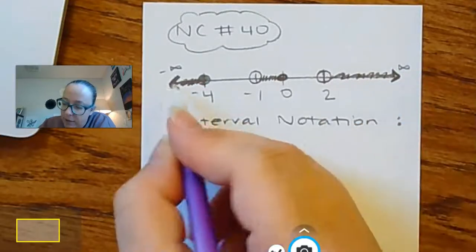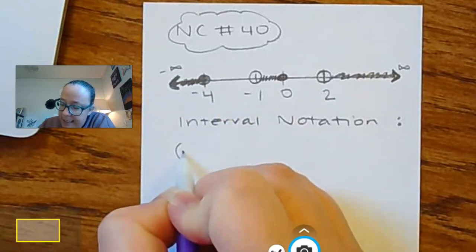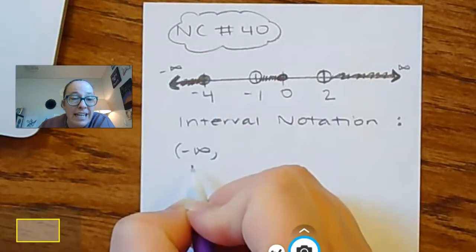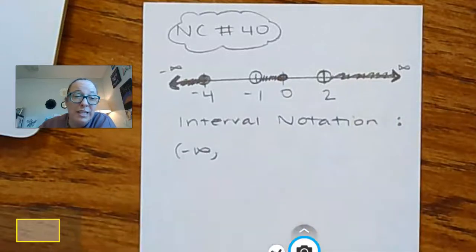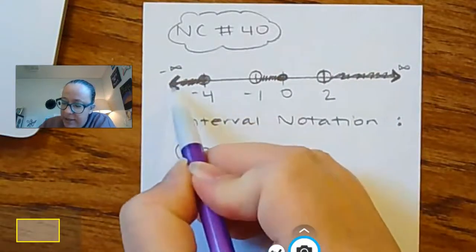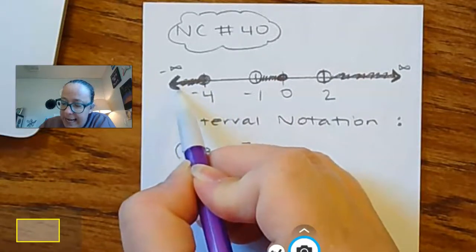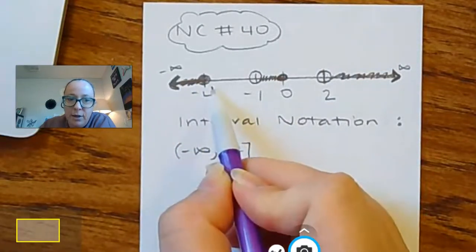So left to right, it'd be parentheses, negative infinity. Remember, negative infinities never have brackets. They're not actual closed circles because they go on forever. All the way to -4 with the bracket. So this is negative infinity to -4. It spans to -4 with a bracket because it's a closed circle.